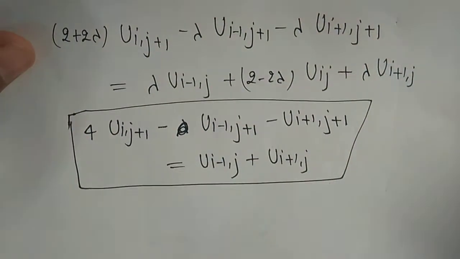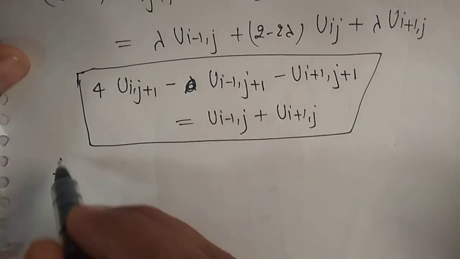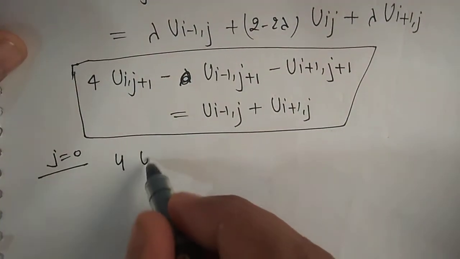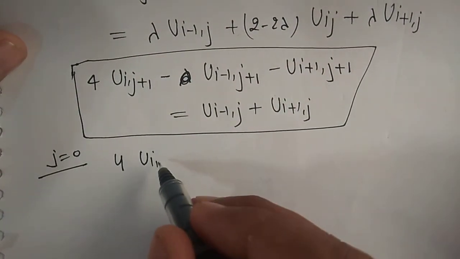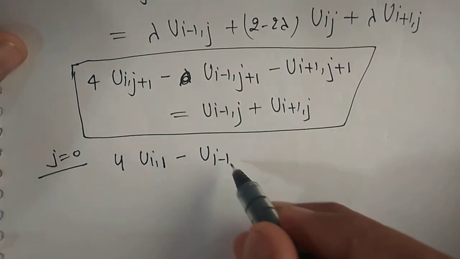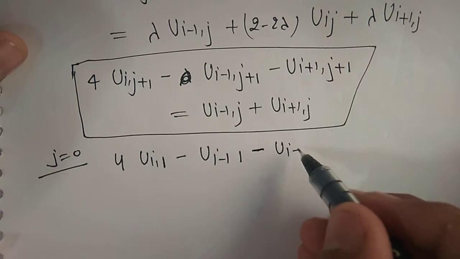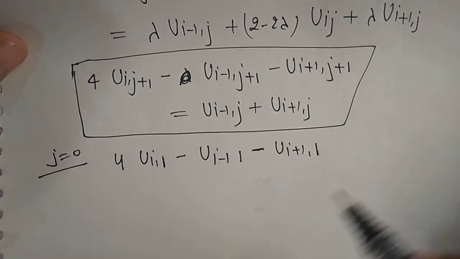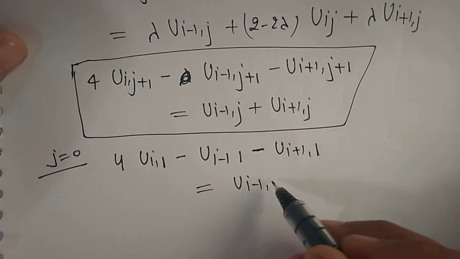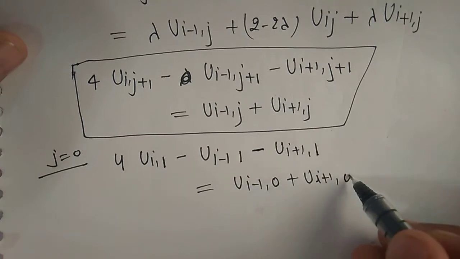Now let us put j equal to 0. So we get 4 u i1 minus u i minus 1 1 minus u i plus 1 1 equal to u i minus 1 0 plus u i plus 1 0.